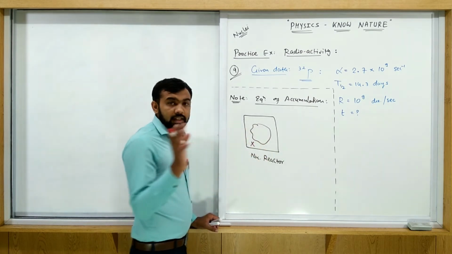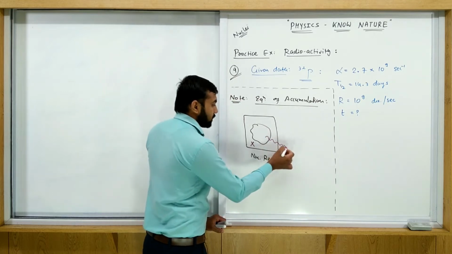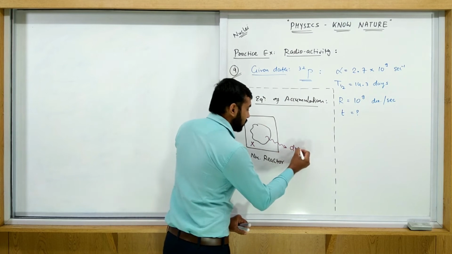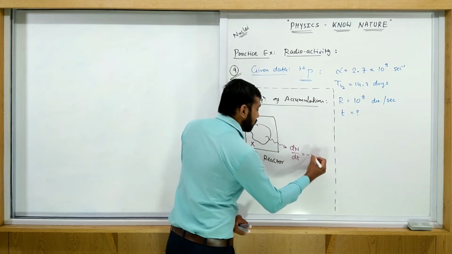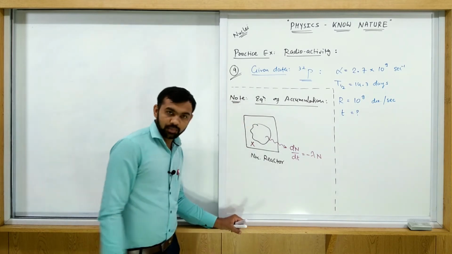If this substance is radioactive, then it decays, and dN by dt is equal to minus lambda N. That is our general equation if it decays.